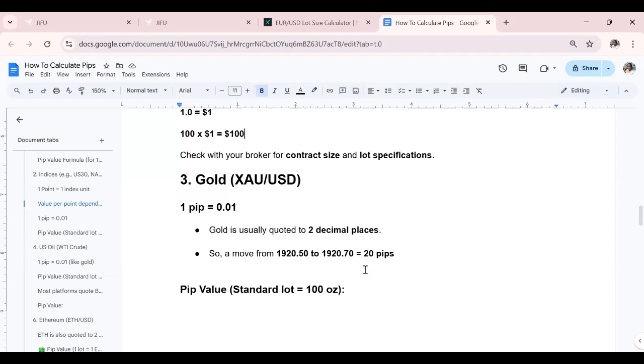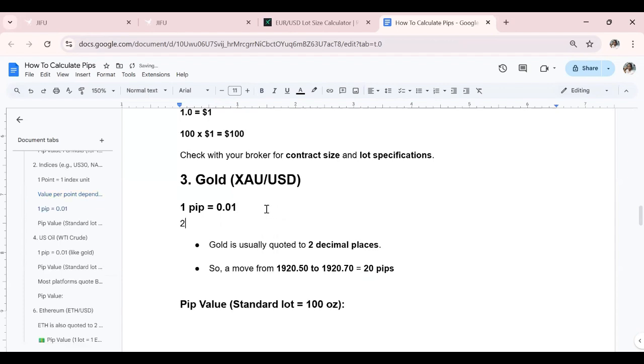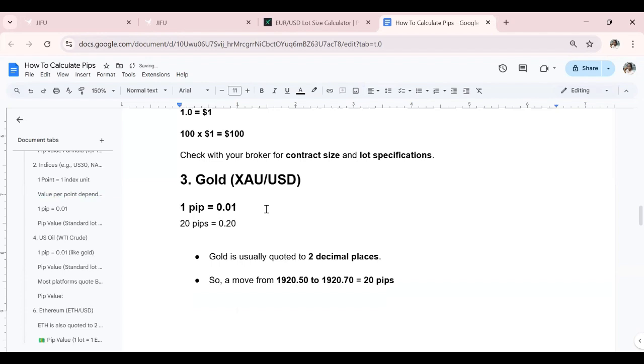Do you get? Gold has moved 20 pips, because one pip is 0.01. So 20 pips of gold will be equal to 0.20. It's really as simple as that. So if you have something like 120 pips of gold, it will be 1.20, that's 120 pips of gold.